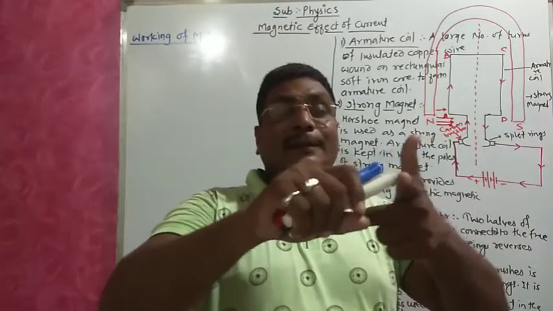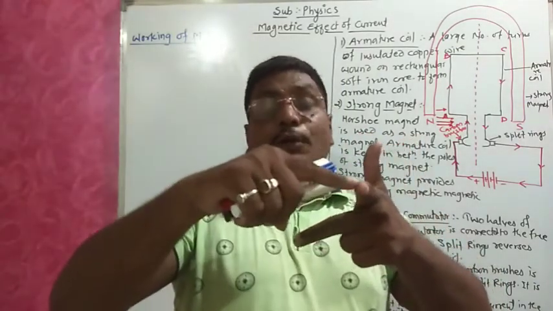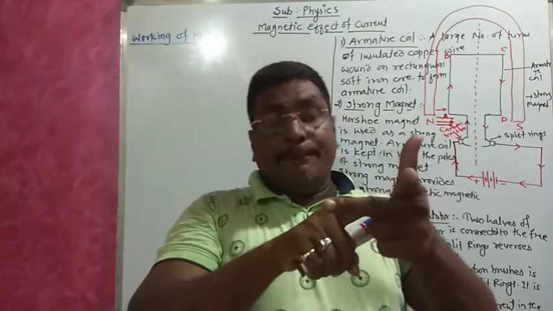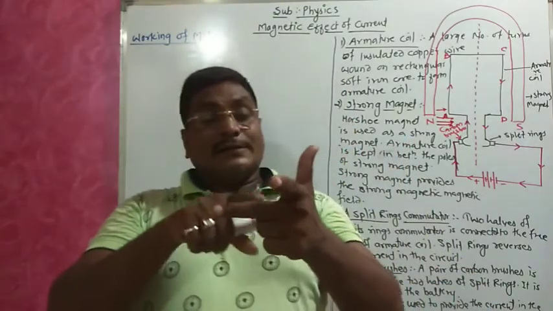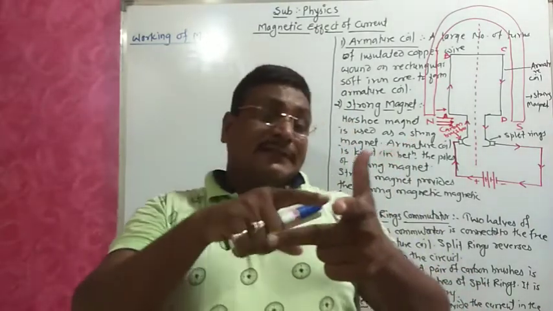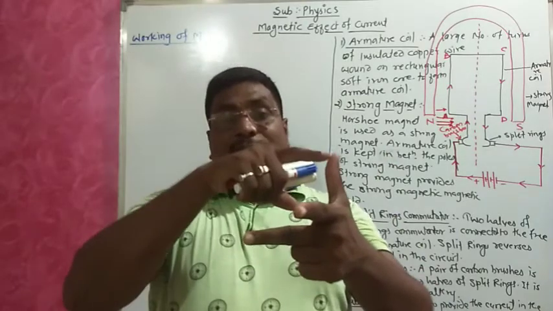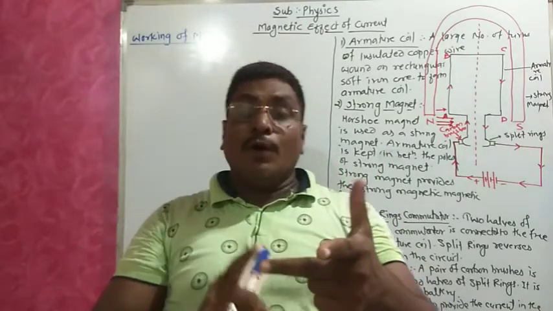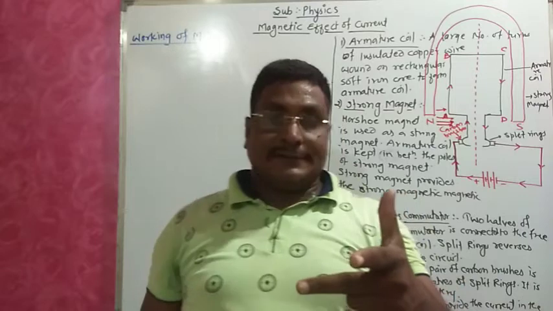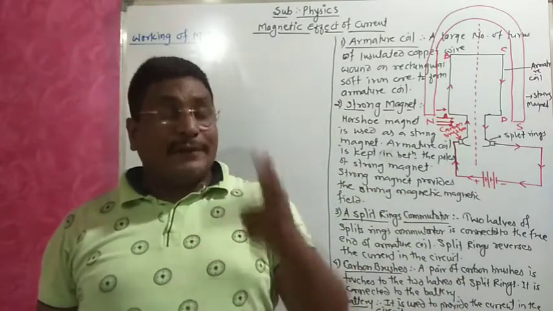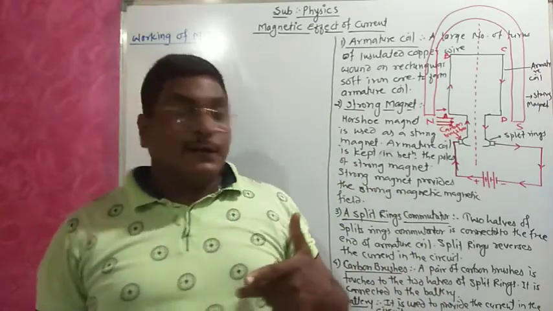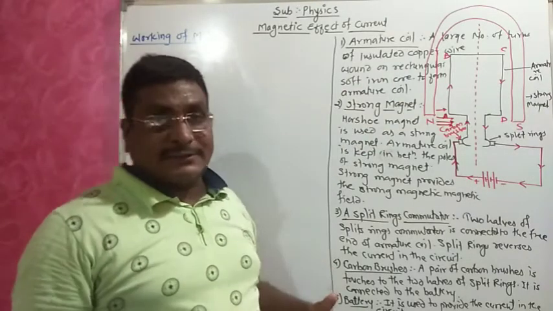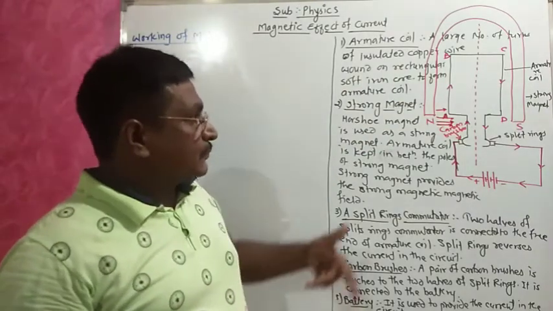If the forefinger represents the direction of magnetic field, the middle finger represents the direction of current, then the thumb represents the direction of motion of the conductor. So like that, we studied Fleming's left hand rule. Now how does it work here.